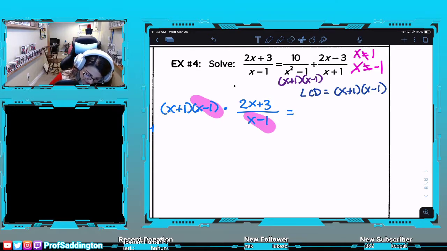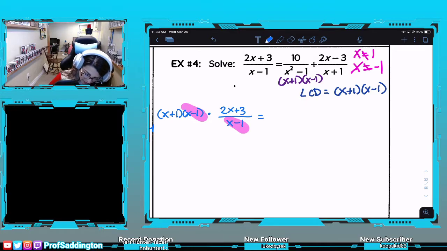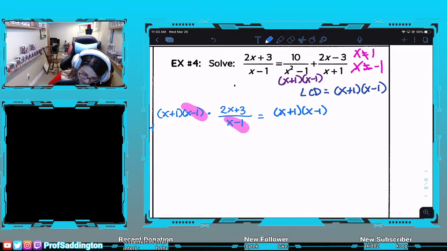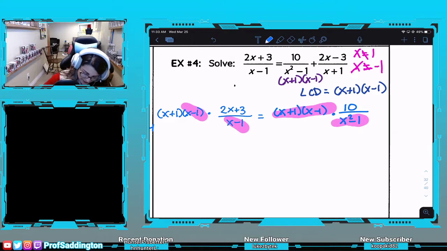I'm going to shrink it. Let's try that again. Okay. Sorry about that. And then we have x plus 1, x minus 1 times 10 over, I'm going to write the x squared minus 1 just to save some space, but as we saw above, that's the whole thing, so that all cancels out. Nice.